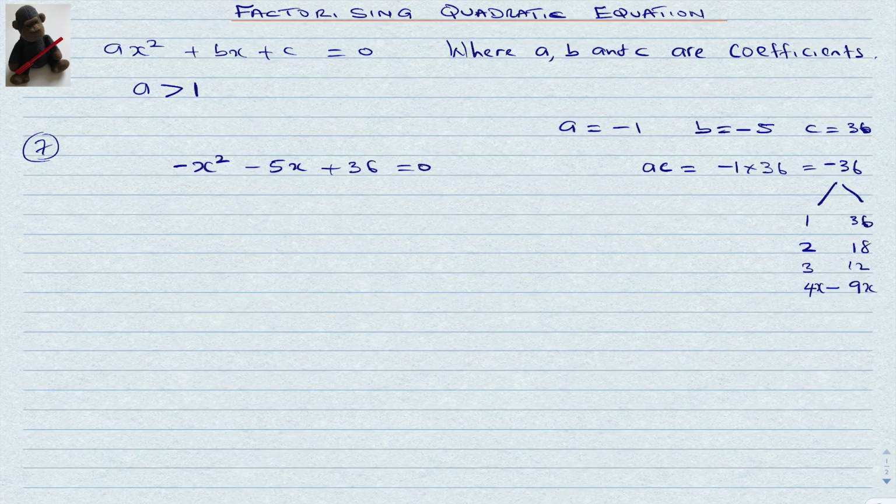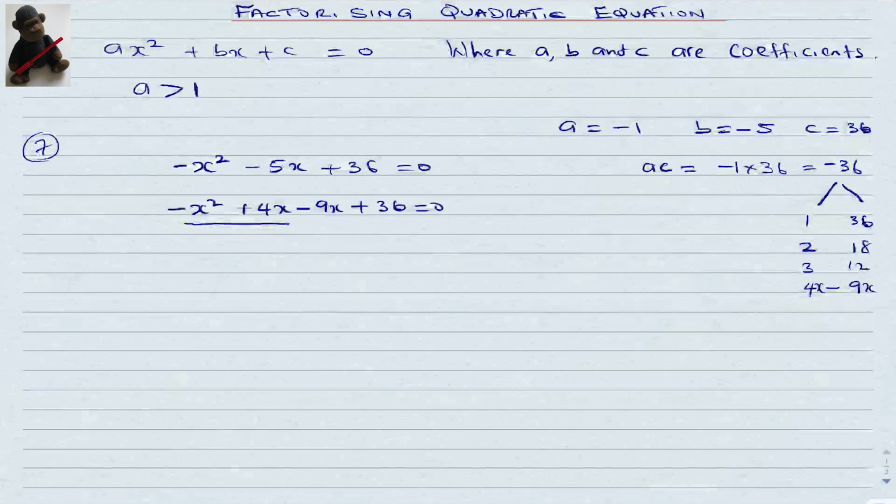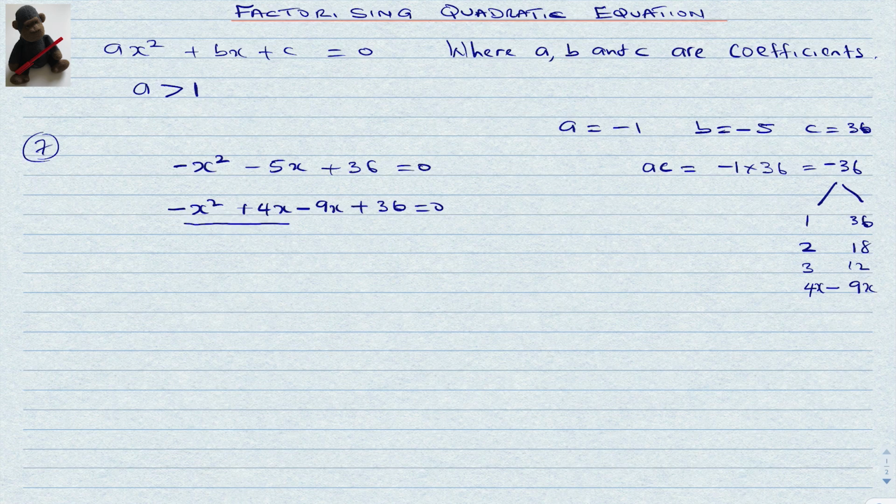And so therefore we're going to replace minus 5x by 4x minus 9x. So let's put that in. Minus x squared plus 4x minus 9x plus 36 equal to 0. In this case, we need to take out factors in the first two. So I'll take out minus x.